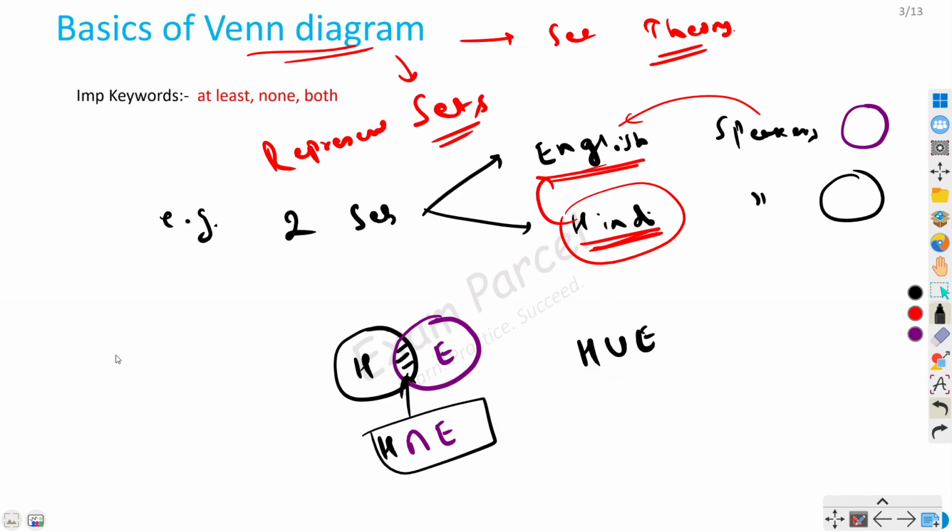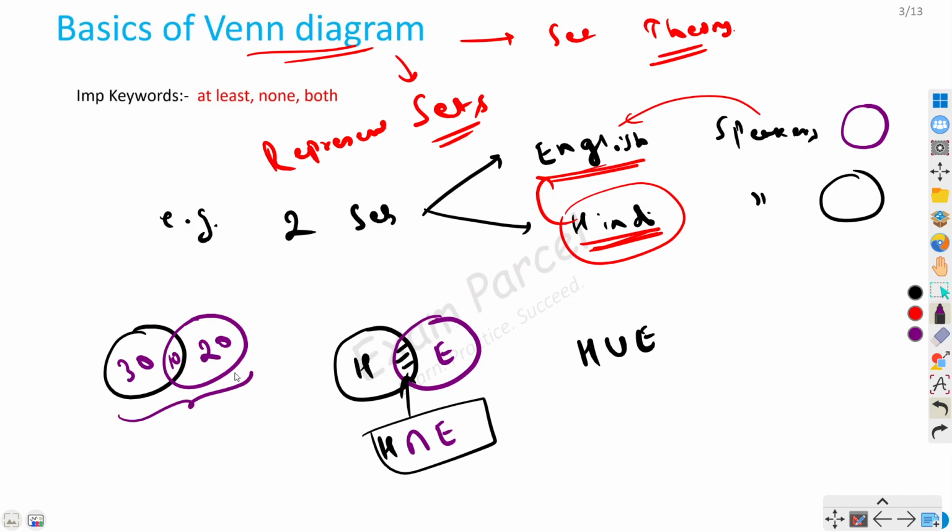Let me write this in another way. Let's say we have Hindi and English speakers. There are 30 persons who speak only Hindi and 20 persons who speak only English, but there are 10 persons who speak both Hindi and English.